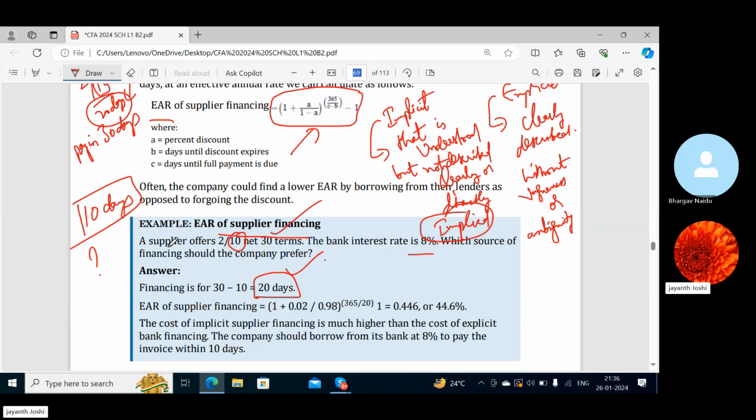The option has been given to you. It's you who has to decide to make the payment. If you are making the payment in 10 days, you'll get a 2% discount. But if you are not making the payment, then you will wait for 30 days, and for those 30 days you have to take finance, right?